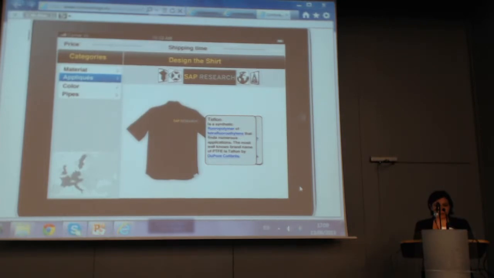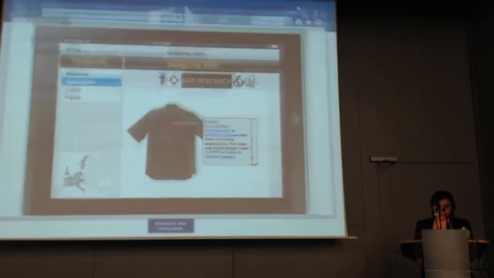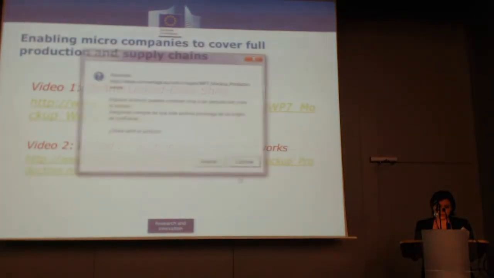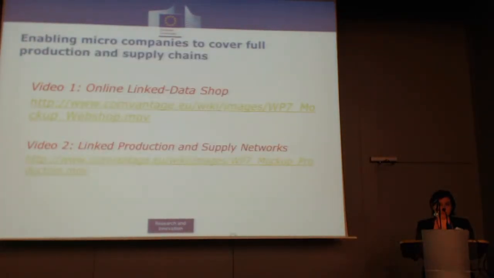So he goes through all these different options, and is able to choose among different possibilities and to track and decide about all the different steps of the production as well as the steps of the delivery of his item.